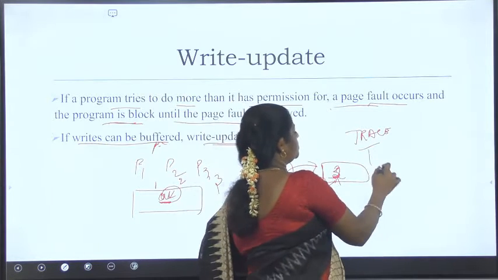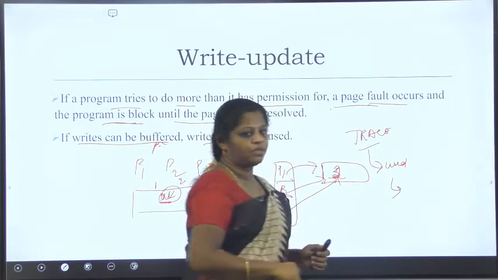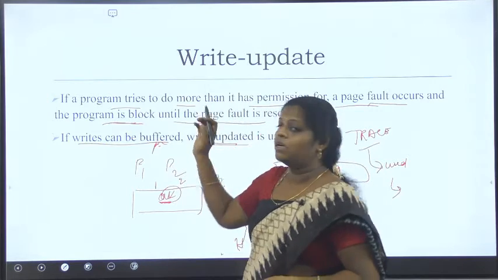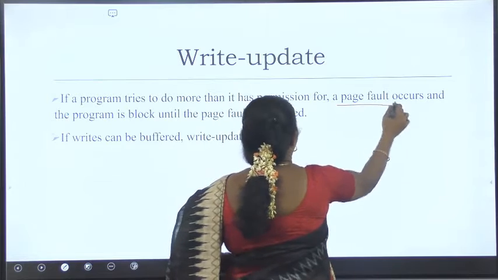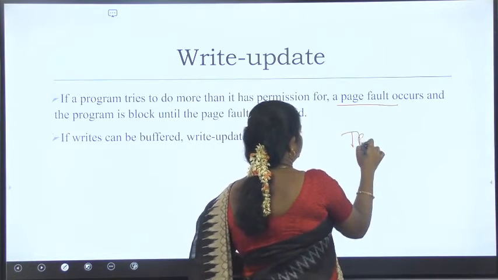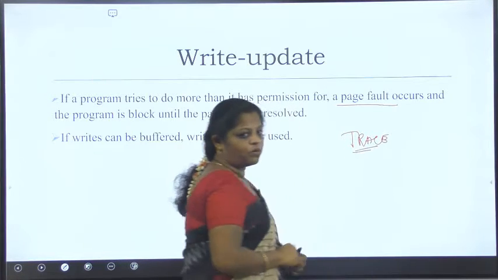It is used to turn off the permission for the particular program if a page fault occurs. I told you, right, when the page fault occurs, we have an exception handler here that is called trace mode. This will be set when the page fault occurs.